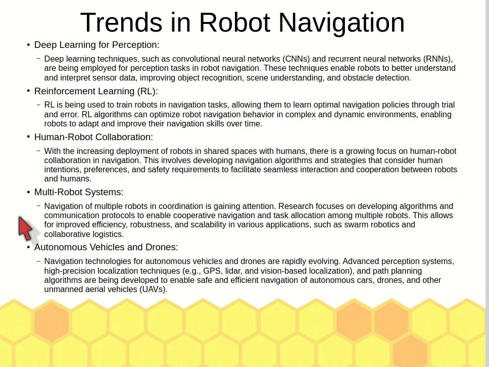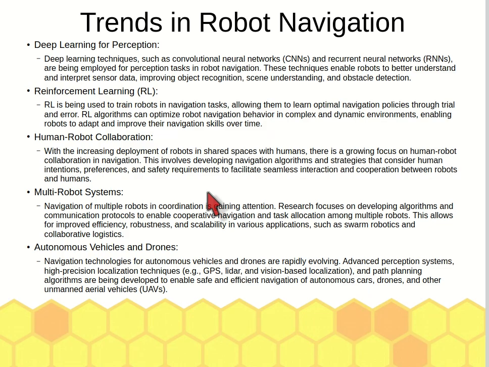Now in robot navigation nowadays deep learning is very common. The inclusion of deep learning technology in navigation is very common today. Also the use of reinforcement learning and human robot collaboration.